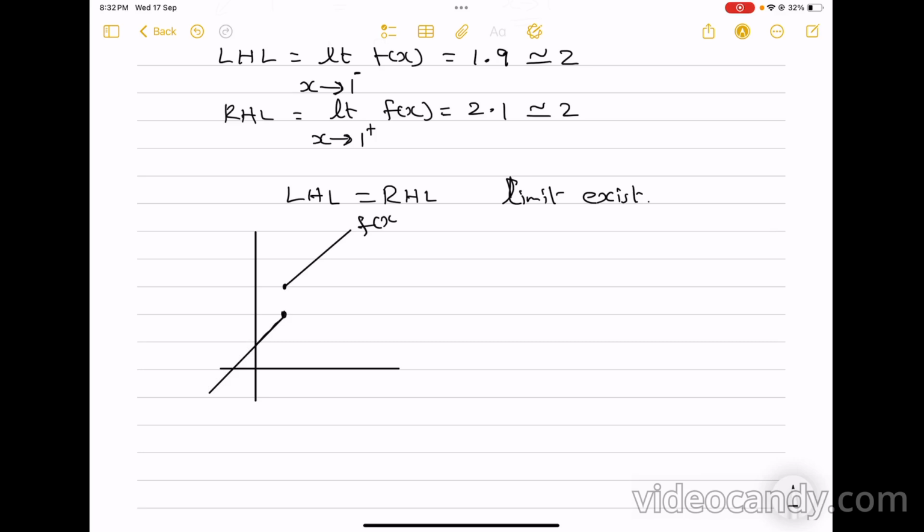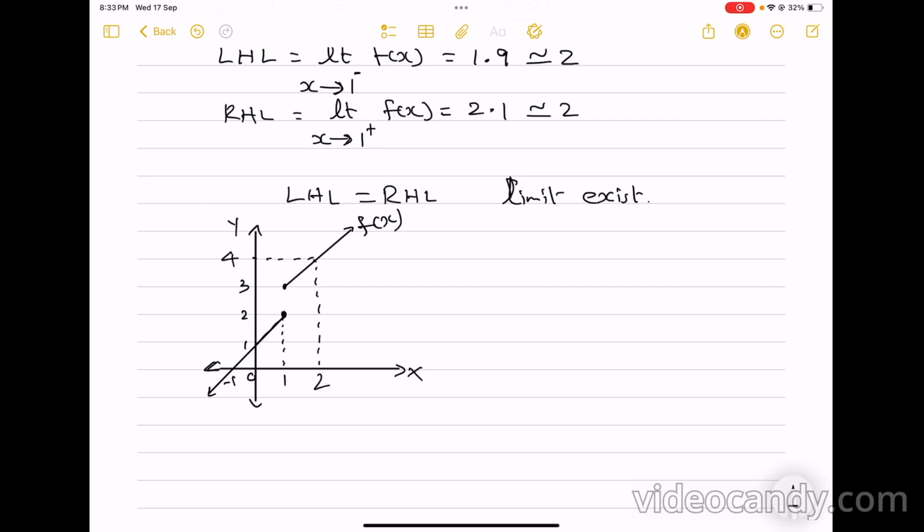This is the function f of x. This is y, and the x values are minus 1, 0, 1, 2, 3. When x is equal to 1, this is 1. And when x is equal to 2, your answer is 4. Okay, this is the function.